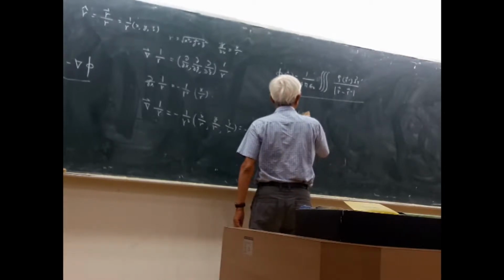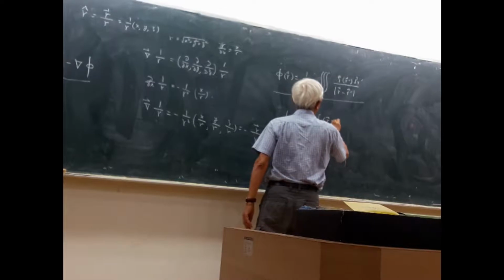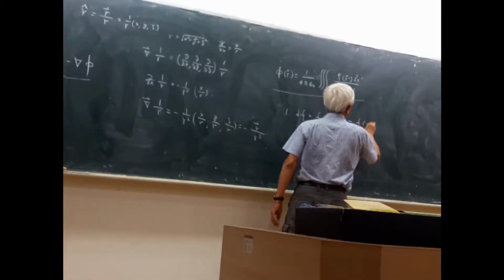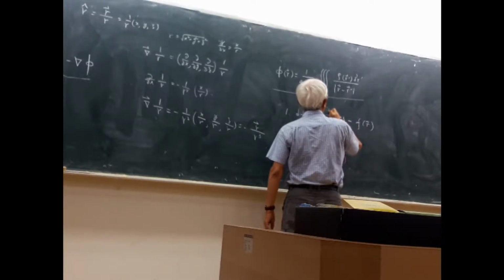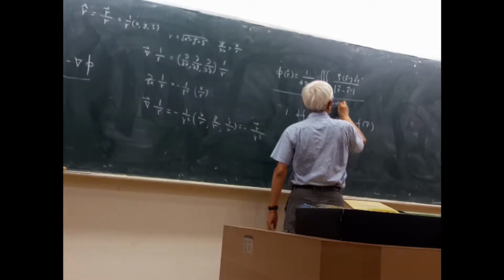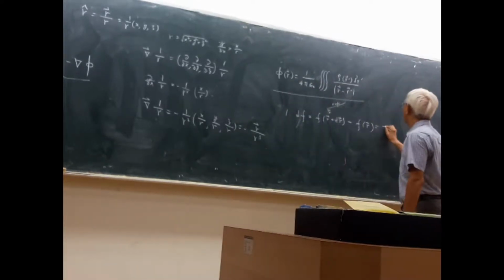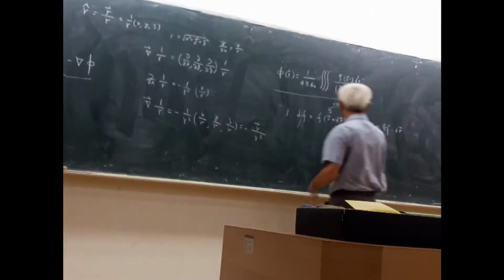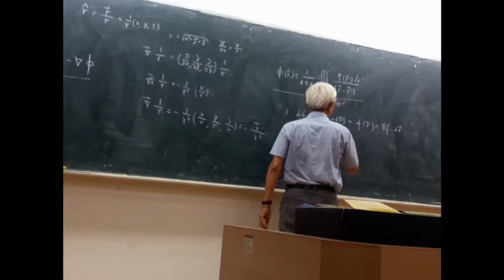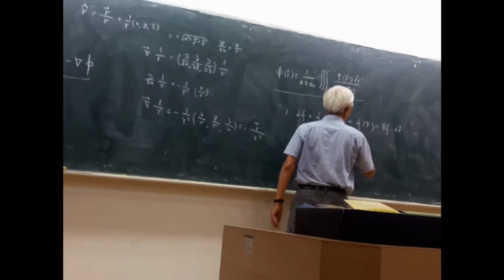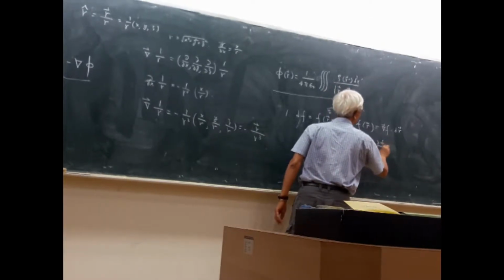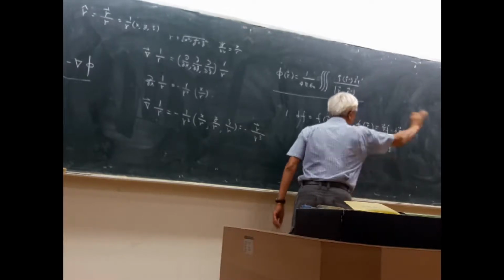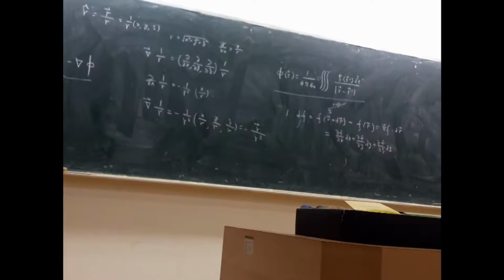The definition of gradient: df is equal to f of r plus dr minus f of r, the value of the function at r plus dr minus the value at r. df is equal to gradient f dot dr. That is the partial differential equation: partial f over partial x dx plus partial f over partial y dy plus partial f over partial z dz, plus additional terms which tend to 0 as the displacement dr tends to 0. So this is very important.